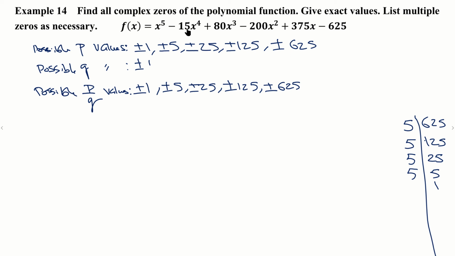You get 1 minus 15 plus 80 minus 200 plus 375. The values are going up and down. There's no way these are going to combine to give you what? Something large enough as 625 so that this zeroes out, right? And for a similar reason, the same thing will happen with negative 1. Do go ahead and try it if you want.